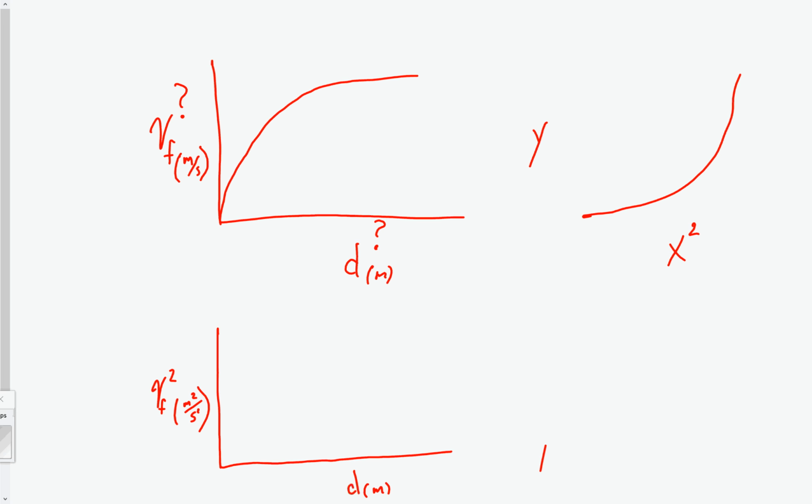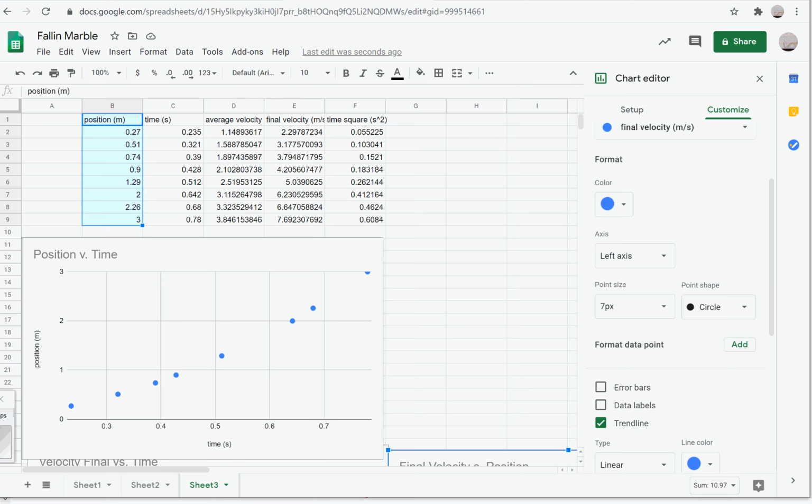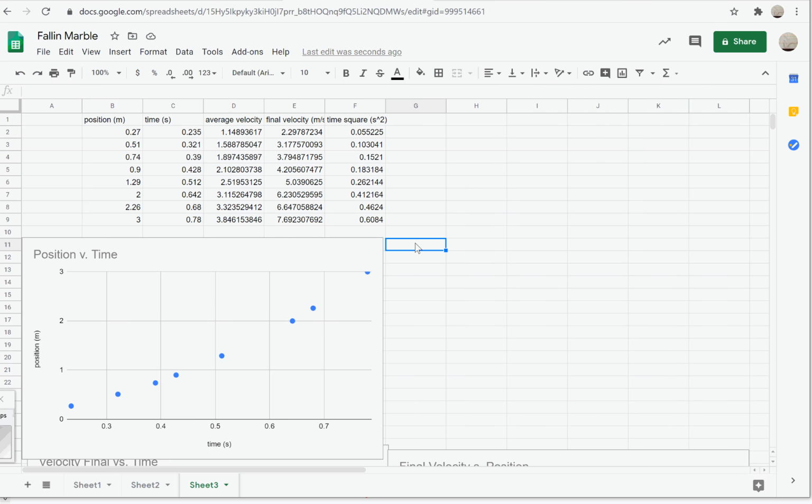So let's go back to Google Chrome and see if we can make one more graph. So we need another column. Velocity. If you're wondering why I type kind of slow, my keyboard is detached from this monitor that I write on, so it makes it a little difficult.